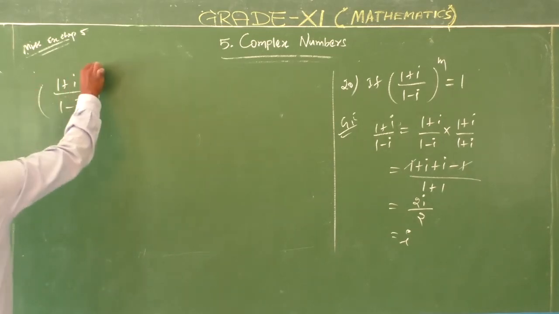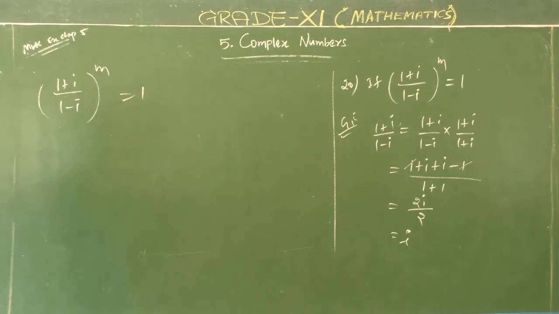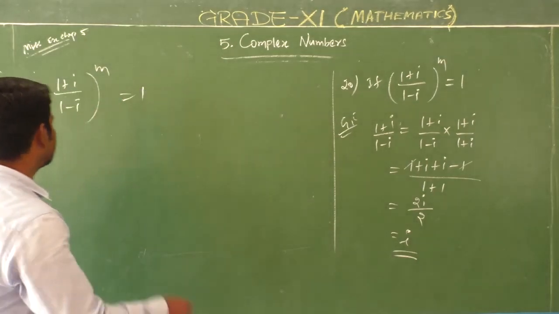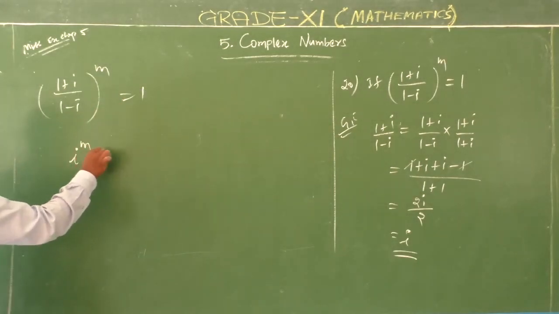And given ((1 plus i) by (1 minus i)) whole power m equal to 1, and here the value of (1 plus i) by (1 minus i) is i. So substituting this value, i power m equal to 1.